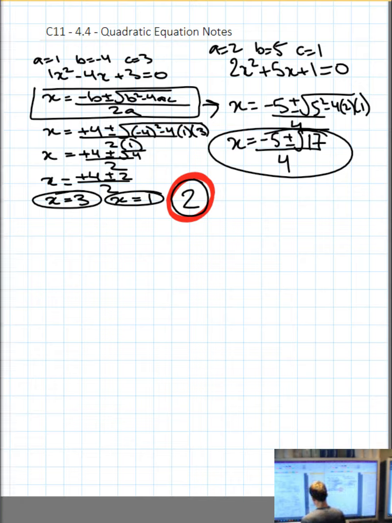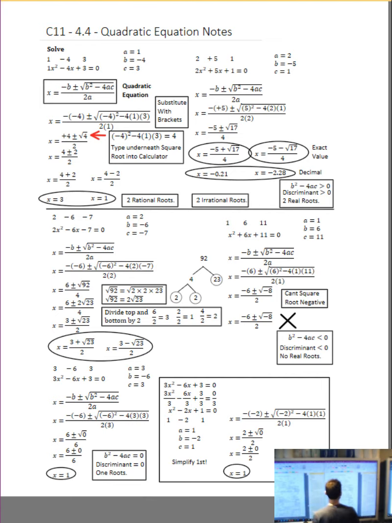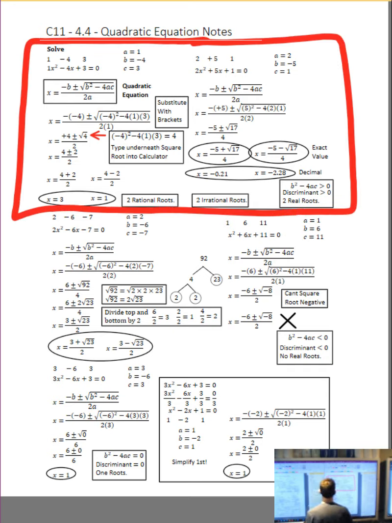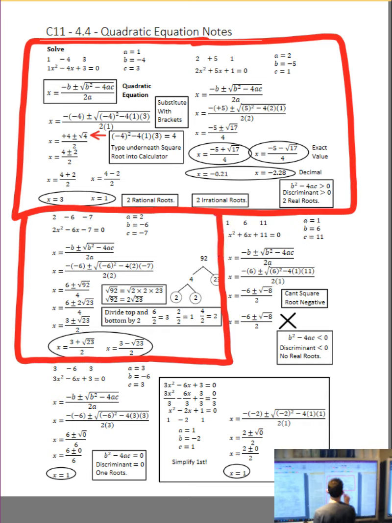So, I'm just going to continue on the sheet. We just did two answers. Now, what about this example? Well, the trick for this one is halfway along.